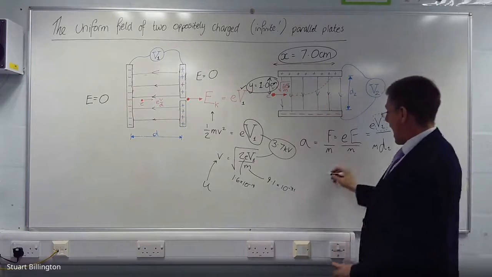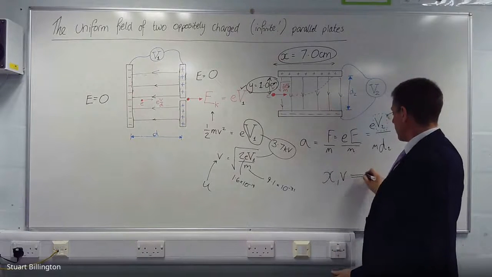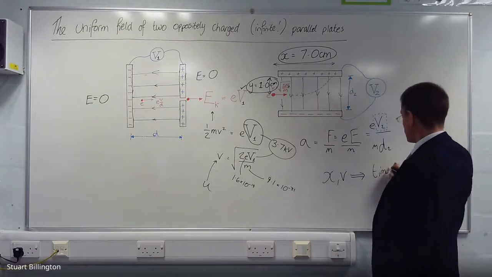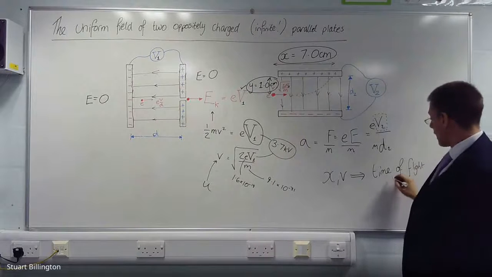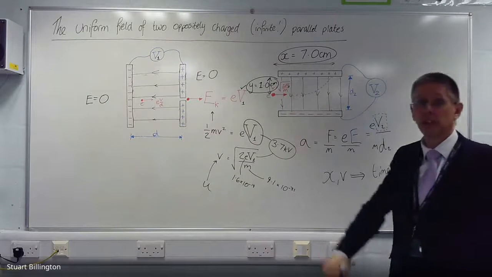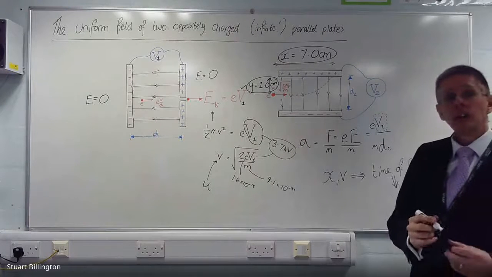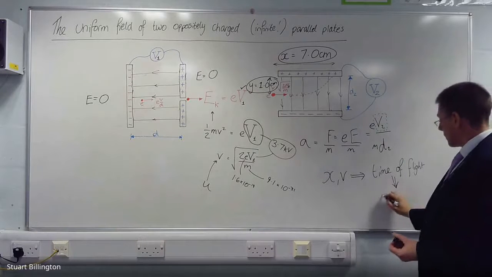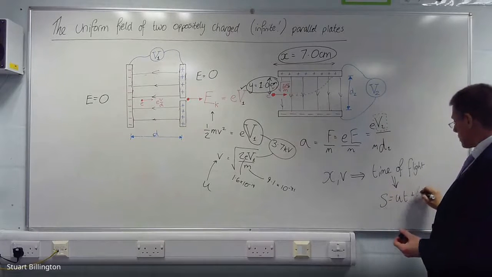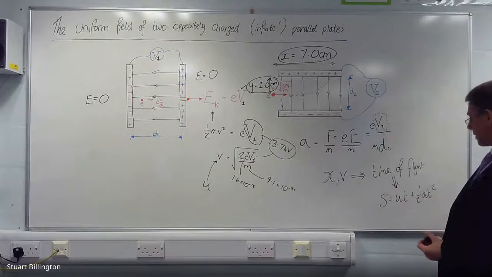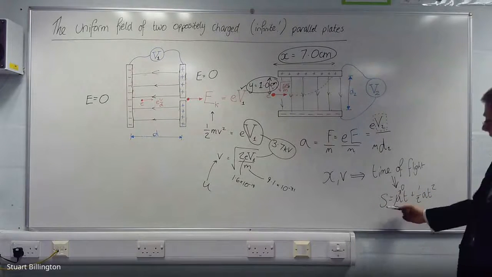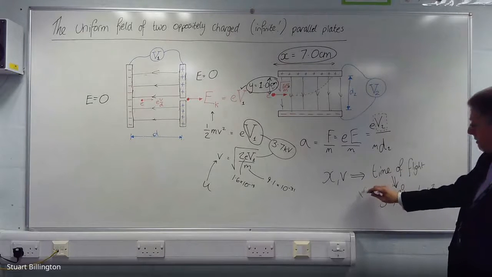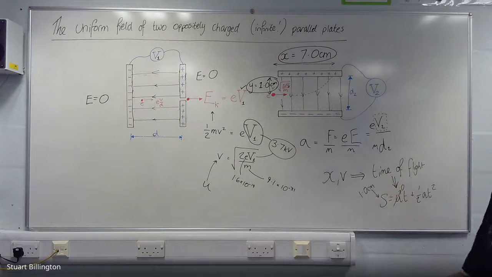So x and v will give you time of flight, and then the time of flight you need to couple together with s equals ut plus a half at squared. Now u is 0, s is the 1 centimeter. So you should be able to dig the acceleration out of that.